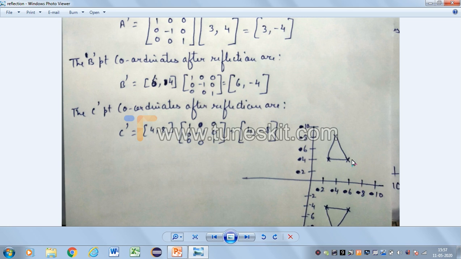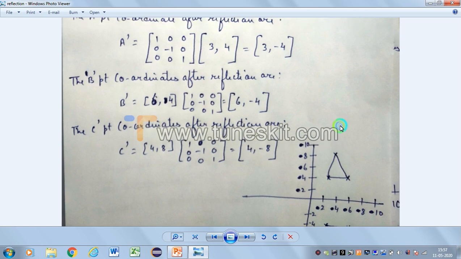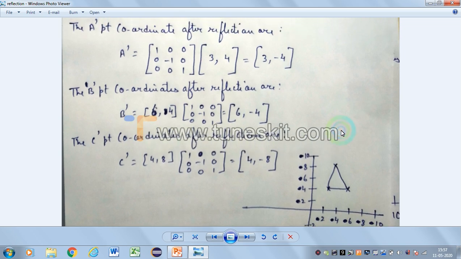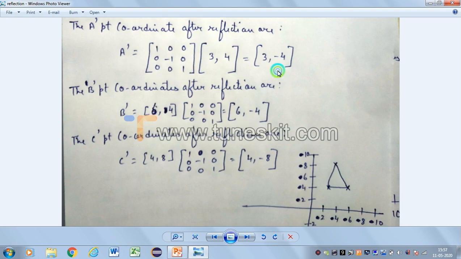Now we want to reflect this object about the x-axis. This is your x-axis, right? About the x-axis by rotating this object at a 180-degree angle. So the A dash point coordinates after reflection are, this is your reflection with respect to which axis?